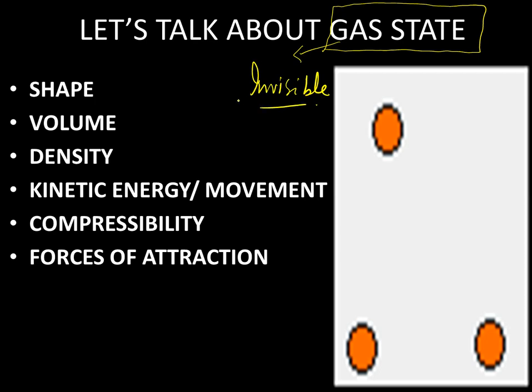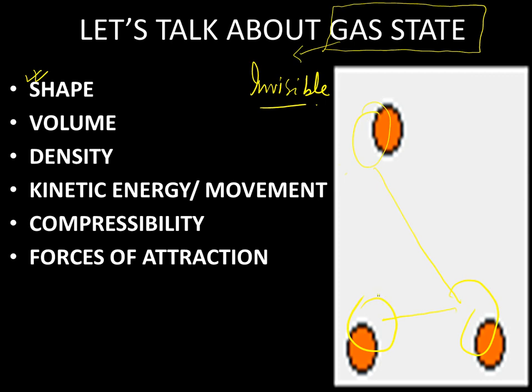So we'll talk about the shape of gas. In the gaseous state, this diagram tells you that the particles are very far apart. One atom is here, the other particle is very far, so the distance is very large.